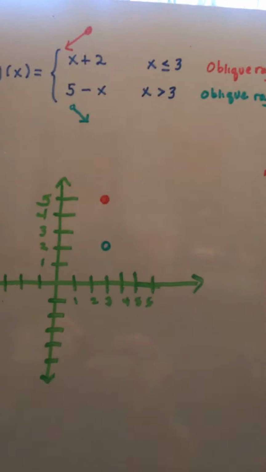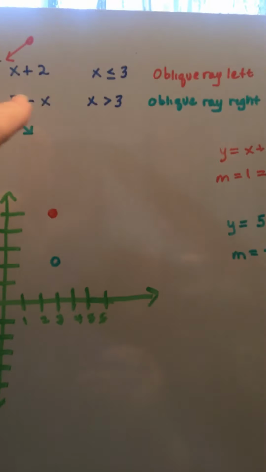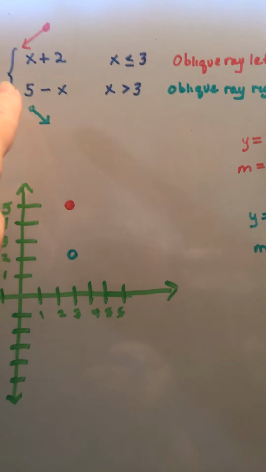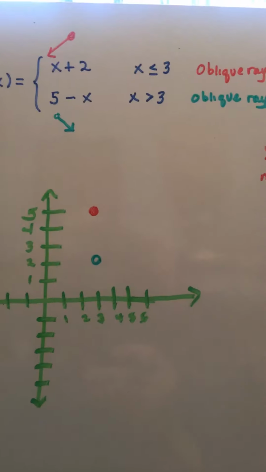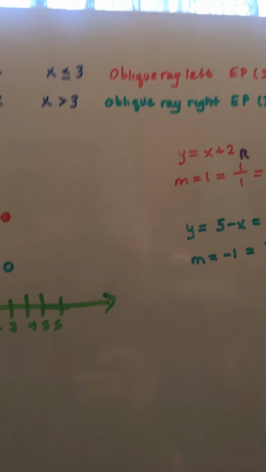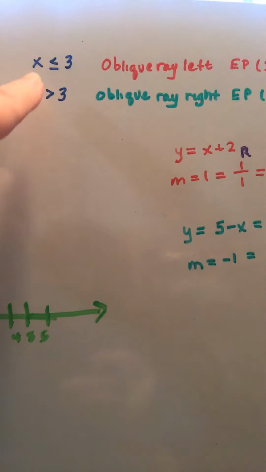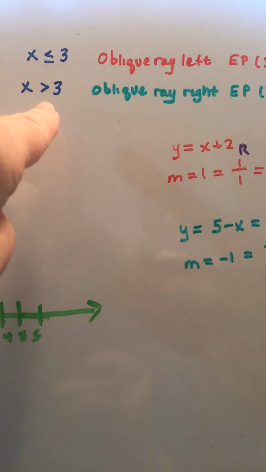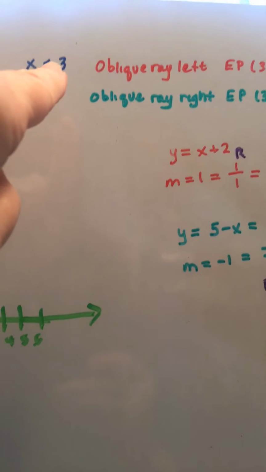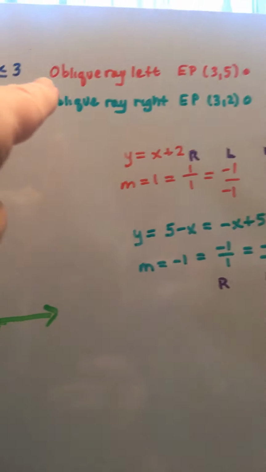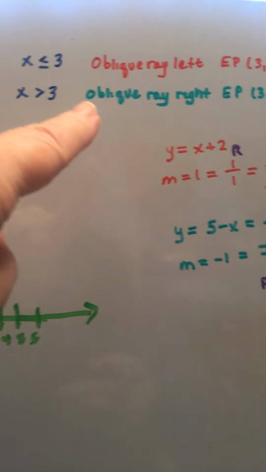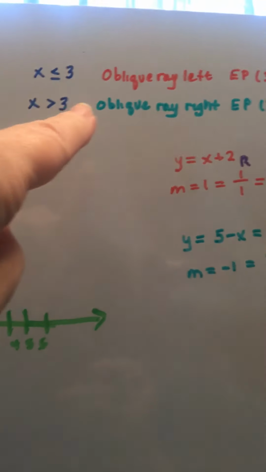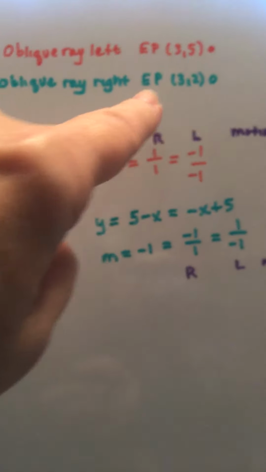I know it's an oblique line. 5 minus x is really negative x plus 5. I know it's an oblique line, so I have an oblique ray left because I see the left, an oblique ray right. I see this is closed, so my endpoint's closed. This doesn't have an equal to on it, so my endpoint's open.